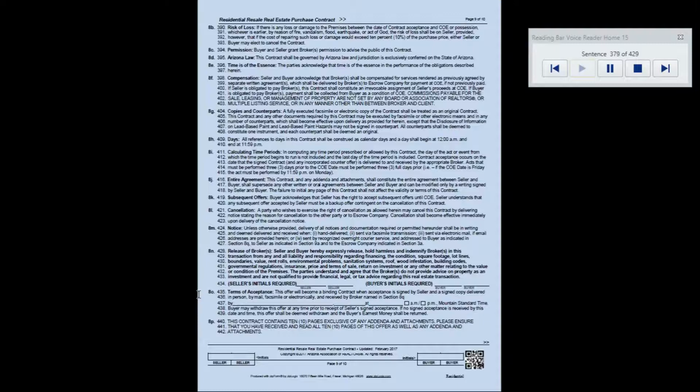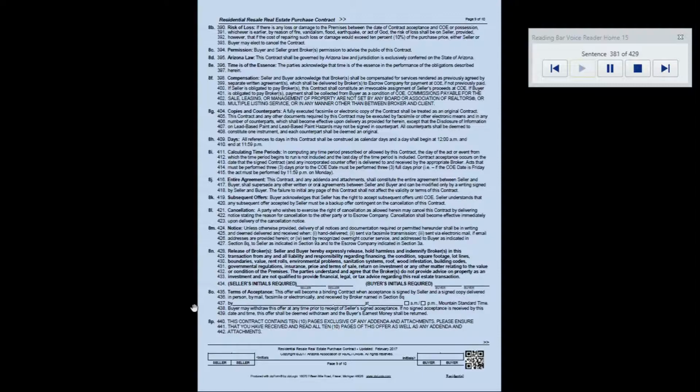8O. Terms of acceptance. This offer will become a binding contract when acceptance is signed by seller and a signed copy delivered in person, by mail, facsimile or electronically, and received by broker named in Section 8Q by, at, a.m. p.m., Mountain Standard Time. Buyer may withdraw this offer at any time prior to receipt of seller's signed acceptance.